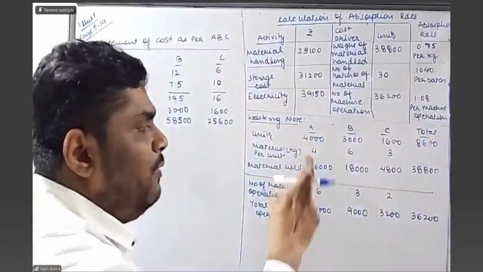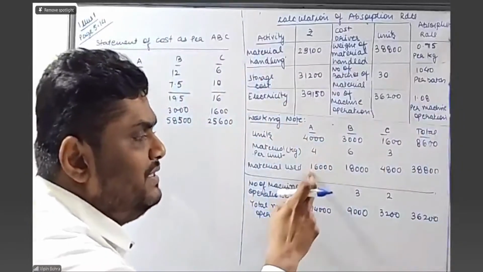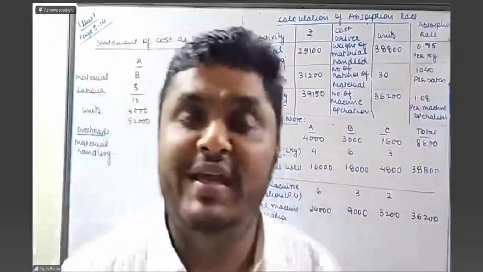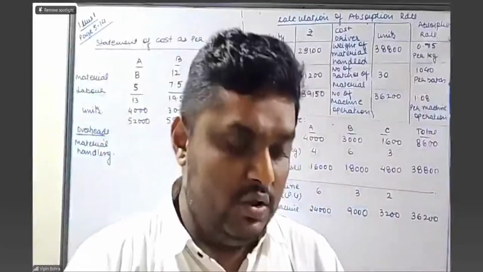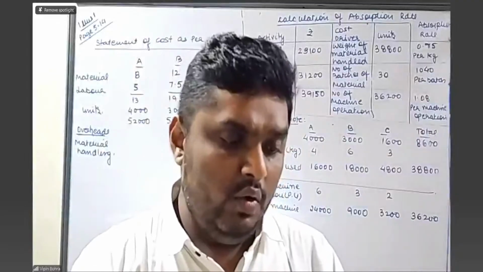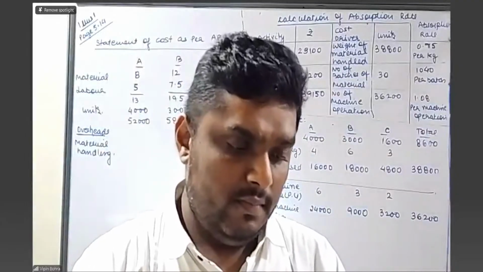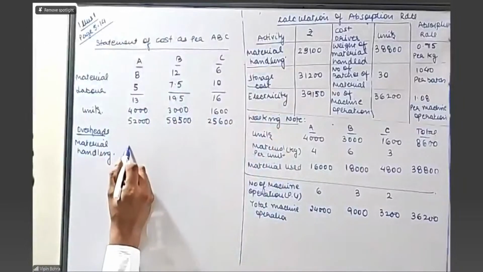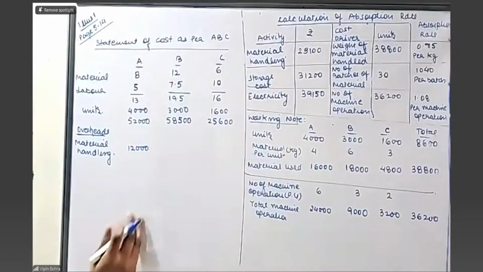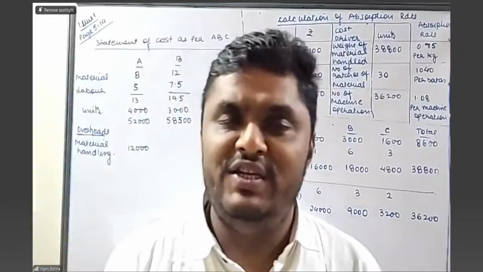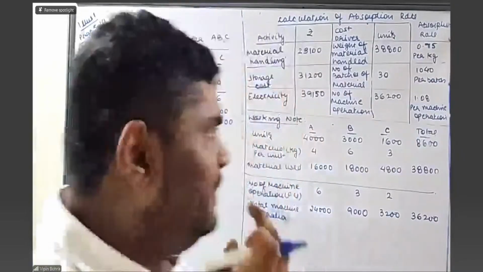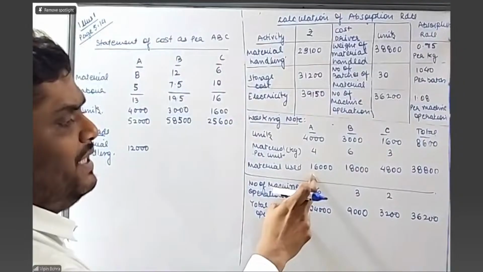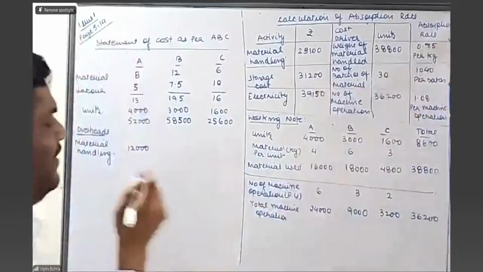So, for A, how many kgs are we using? 16,000 kgs. 16,000 kgs into 0.75 per kg is what? My overheads. So, 16,000 into 0.75, how much will be my overheads? 12,000. See, I'm not writing the explanation because again the solution will be messy. So just writing in the first case, material used is 16,000 into 0.75.